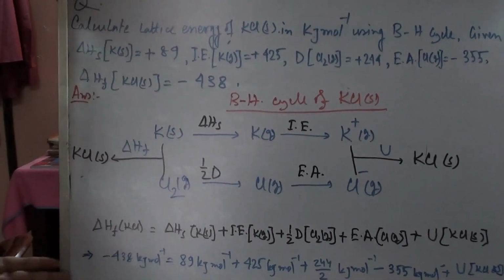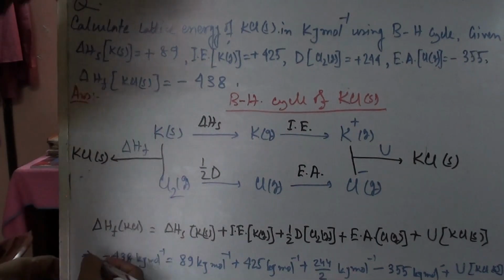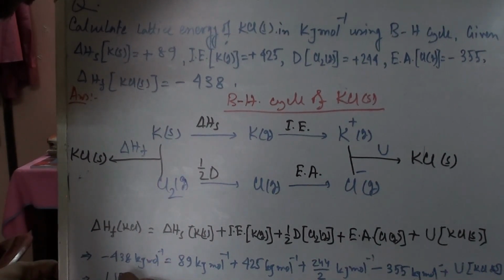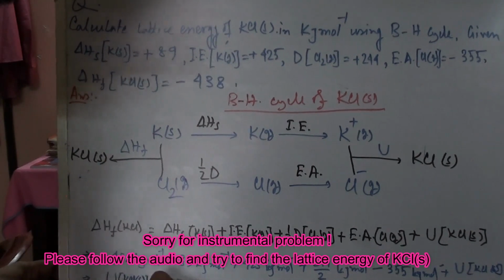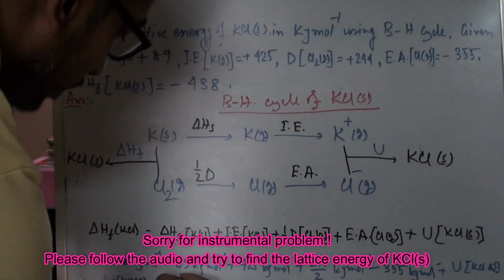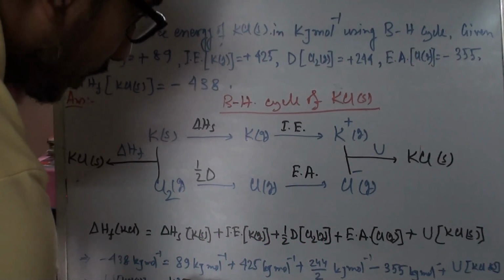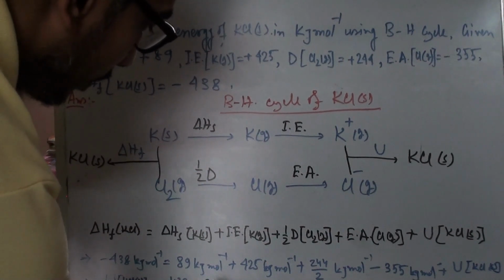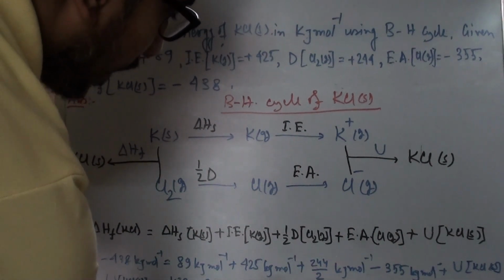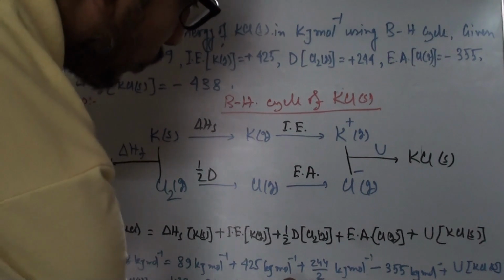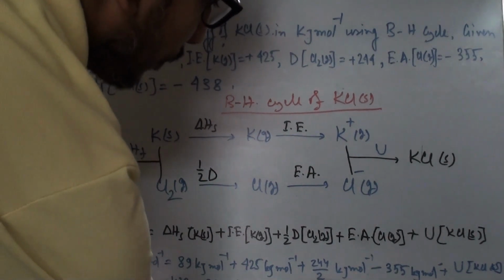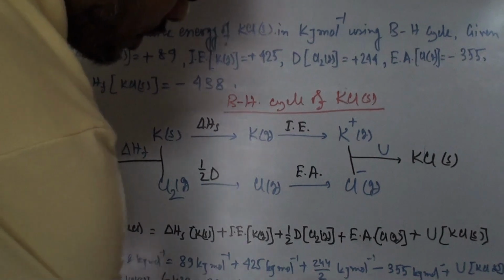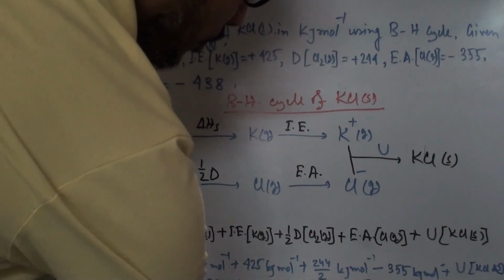Now arrange this equation and we can easily find the U of KCl solid, which is equal to minus 438 minus 89 minus 425 minus 122 plus 355 kJ mole inverse.